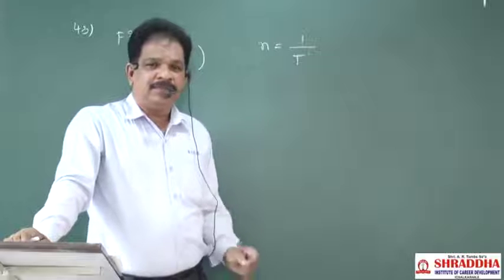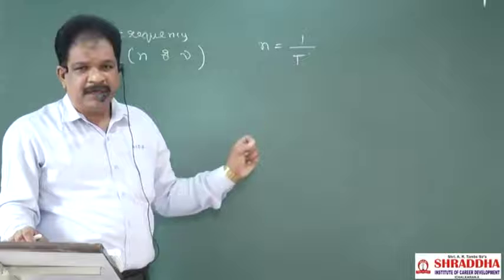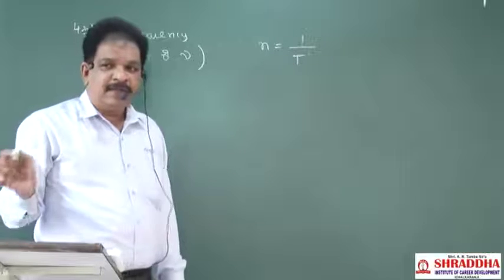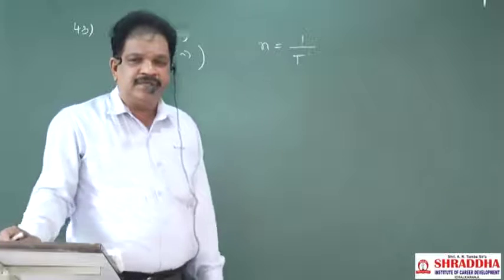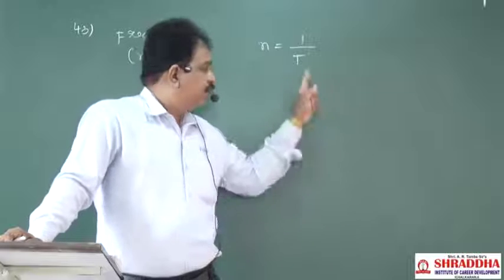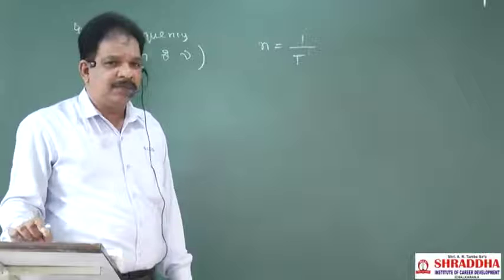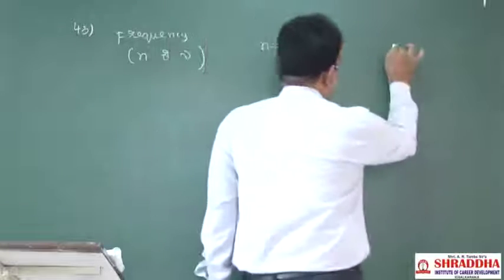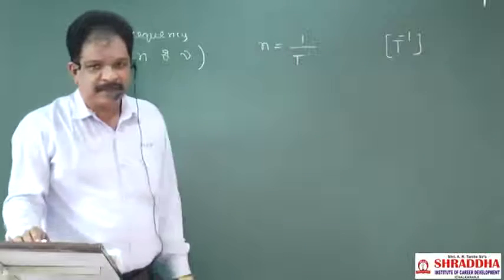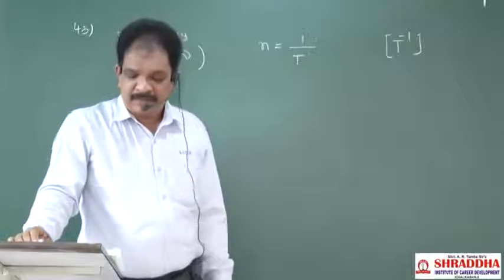The time taken by the body to complete one oscillation is called the time period. The number of oscillations completed in 1 second is called the frequency. The relation is N is equal to 1 by T, so the dimensional formula of N is T power minus 1. Clear?